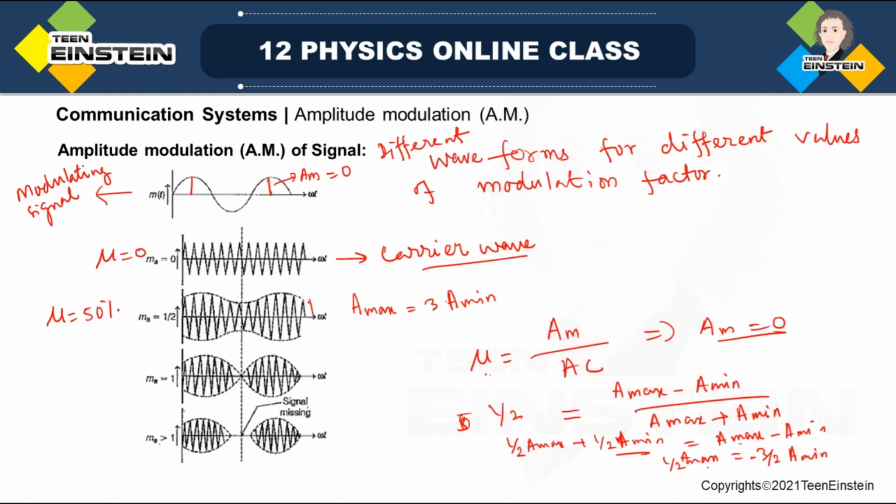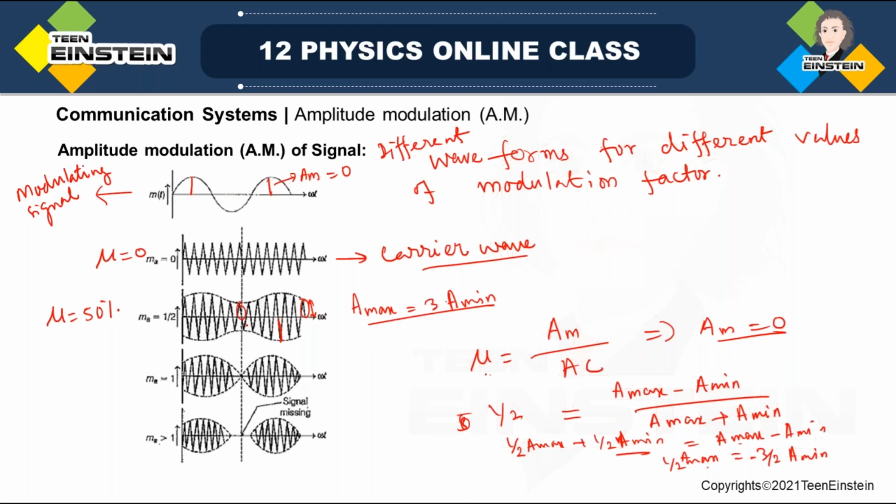This is the minimum. Minimum is not this one. This is maximum, this is also maximum. So minimum is this value. So maximum is 3 times of that. So 3 times of this part is actually the maximum value of the amplitude of the modulated carrier wave.